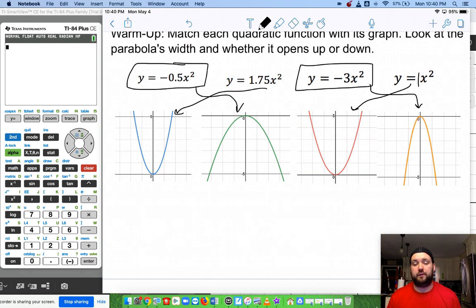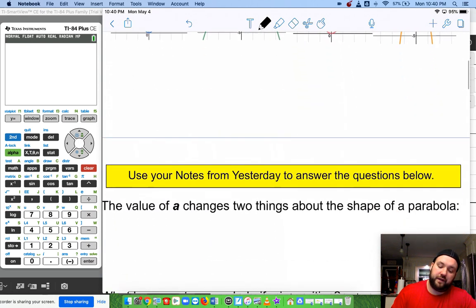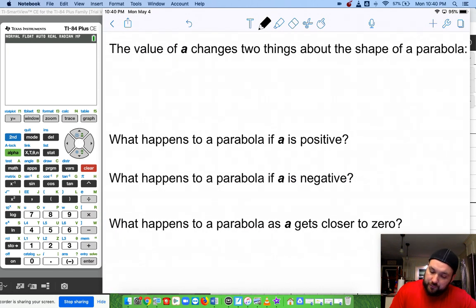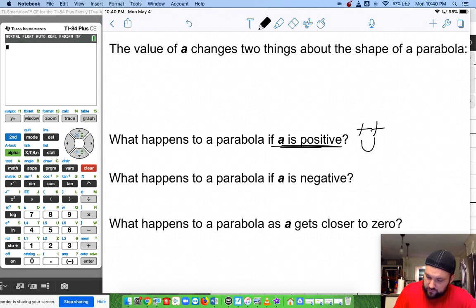Okay, so that's a quick summary of what we did in 9.1.1, where we introduced a parabola and saw how the a value affects the shape of a graph. What we said was if a is positive, then the graph is going to open up, which means the vertex, and remember the vertex is the point at either the top or the bottom of the parabola, would be a minimum.